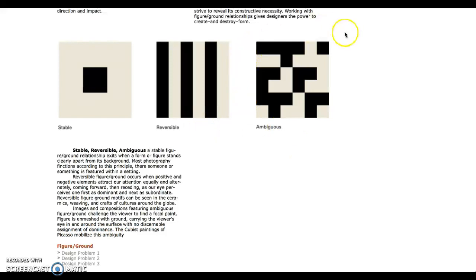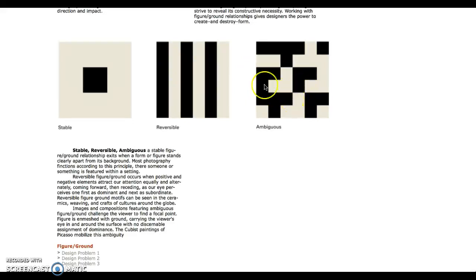If you move to the third part, as you're designing, one of the greatest objectives for this assignment is to reach the ambiguous figure ground stage. What that is: you've got black or white and you're bouncing between the two, so it's reversible, and that's exciting, but it's not predictable.